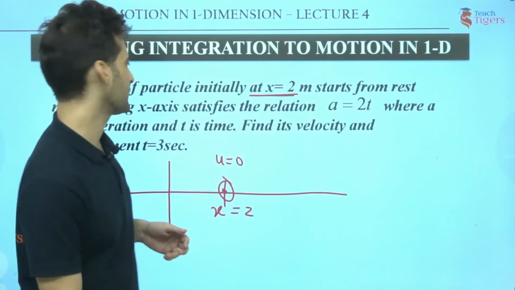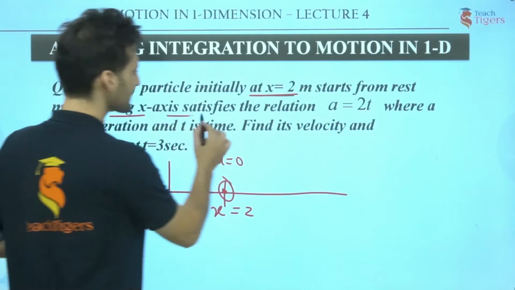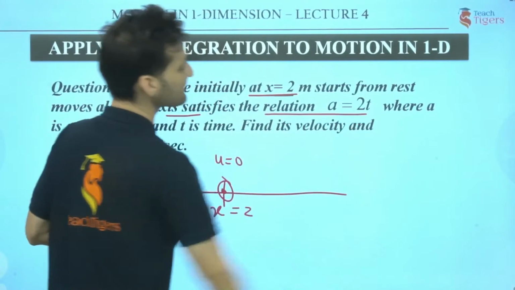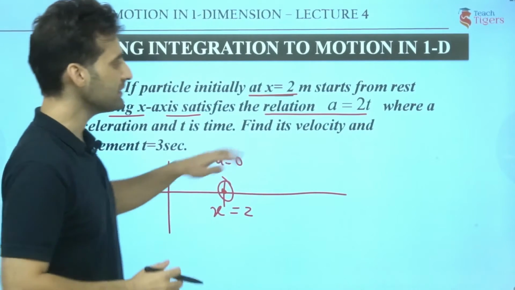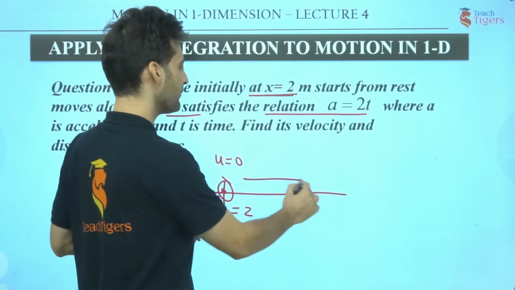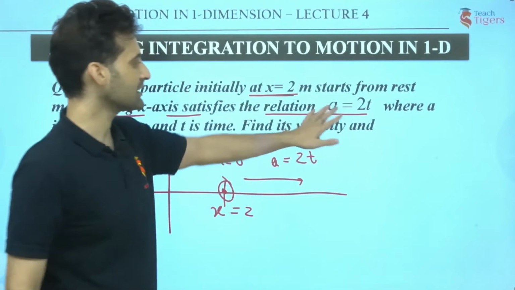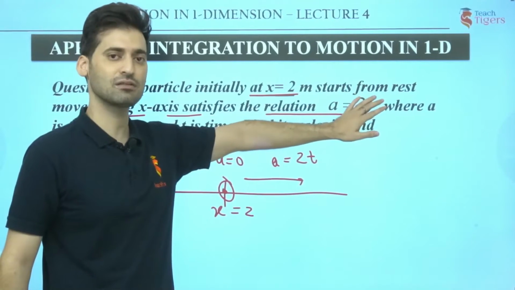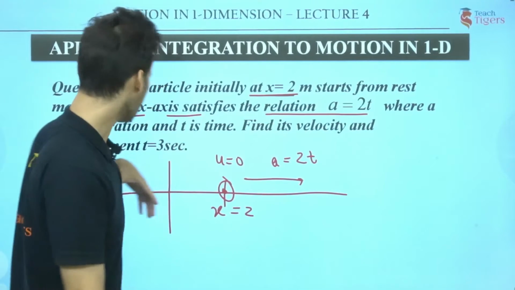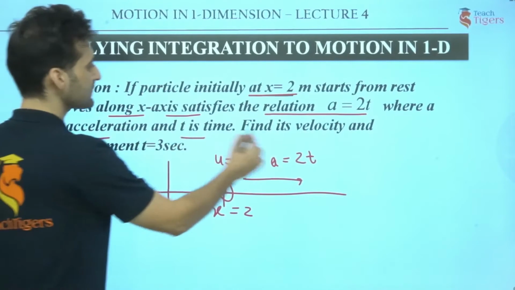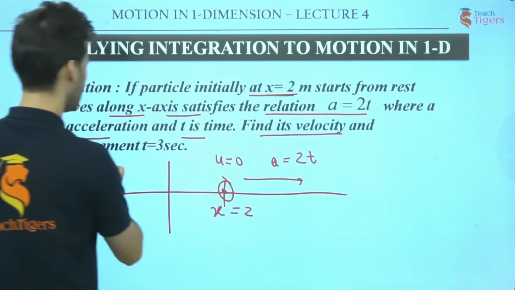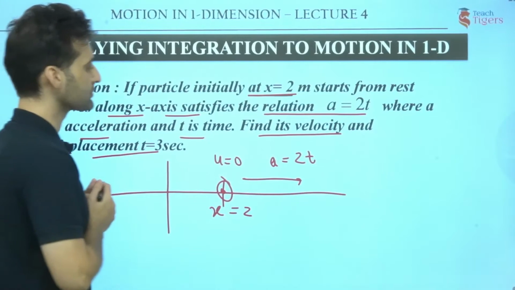Let's take u equals 0, and it moves along the x-axis satisfying the relation acceleration equals 2t. Now it is moving in such a way that its acceleration depends on time. That means there is a relation given to us between acceleration and time, where a is the acceleration and t is the time. Find its velocity and displacement at t equals 3 seconds.